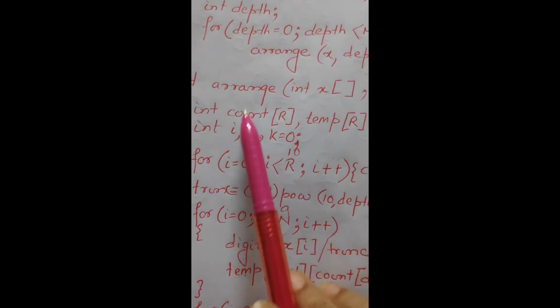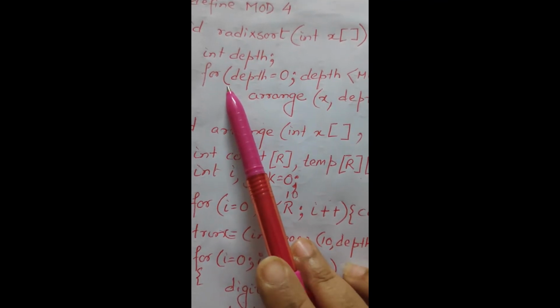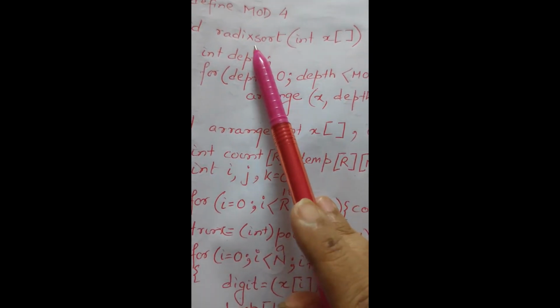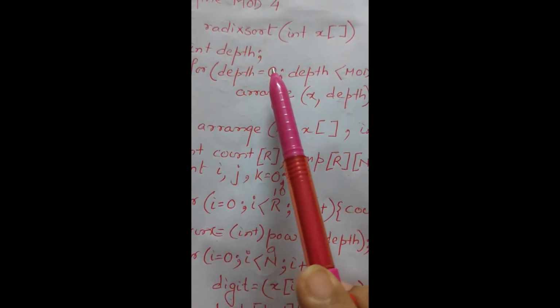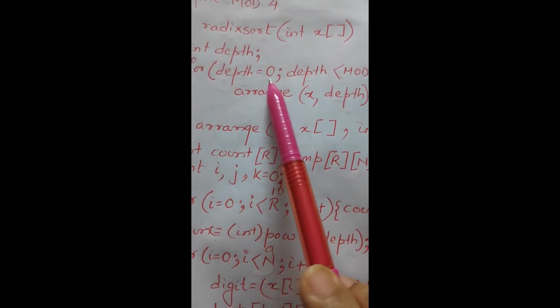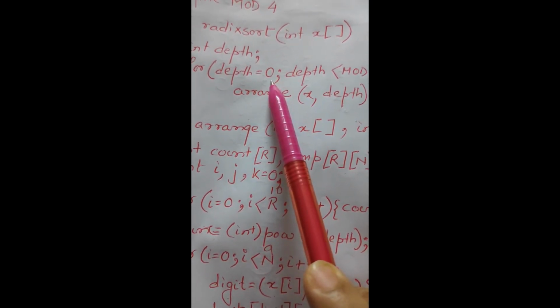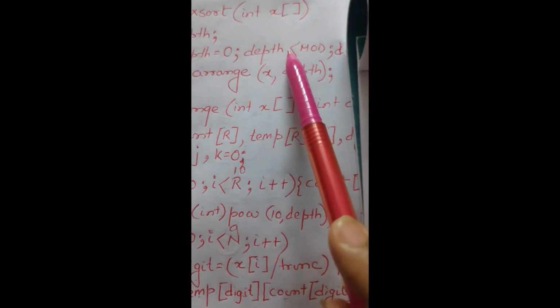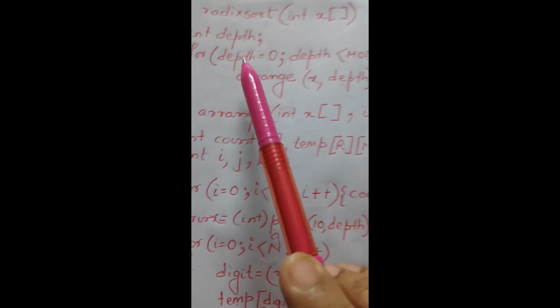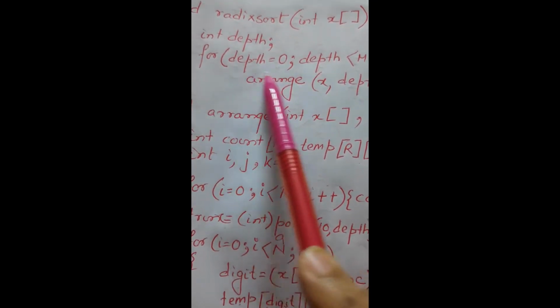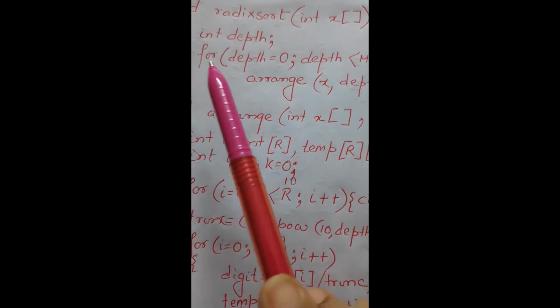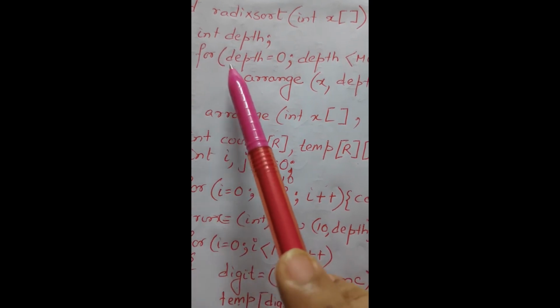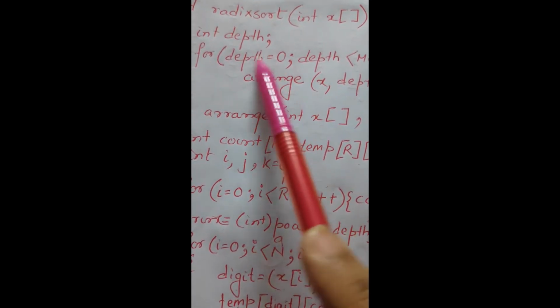Correct? Now, this for loop inside the Radix sort runs from depth 0. Depth 0 would give you the units place, and it goes till less than mod. So this loop is where each of the units place, tens place, hundreds place is getting counted.